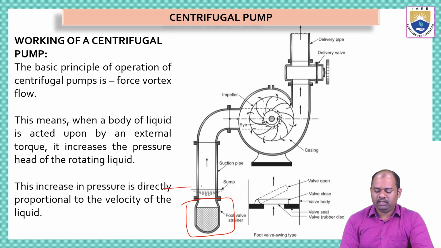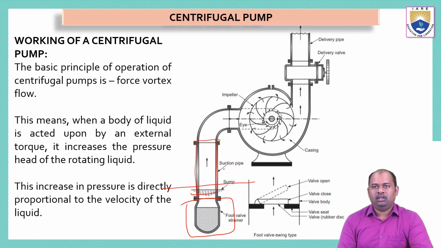So this entire thing is submerged in water. Okay, so the strainer pipe is submerged into the water, and after that, the pipe that is attached to the strainer is called a suction pipe, which is used to suck water. And then this suction pipe is connected to the casing.